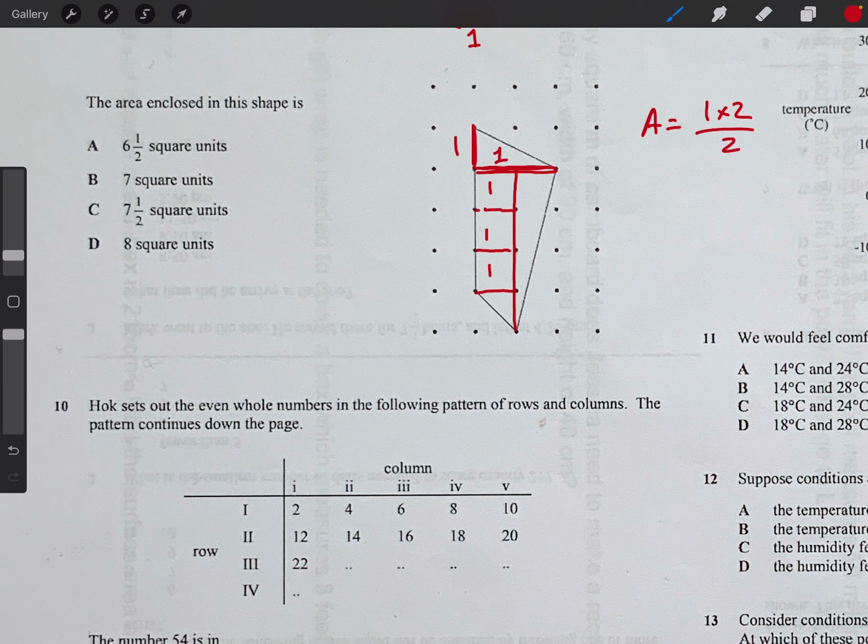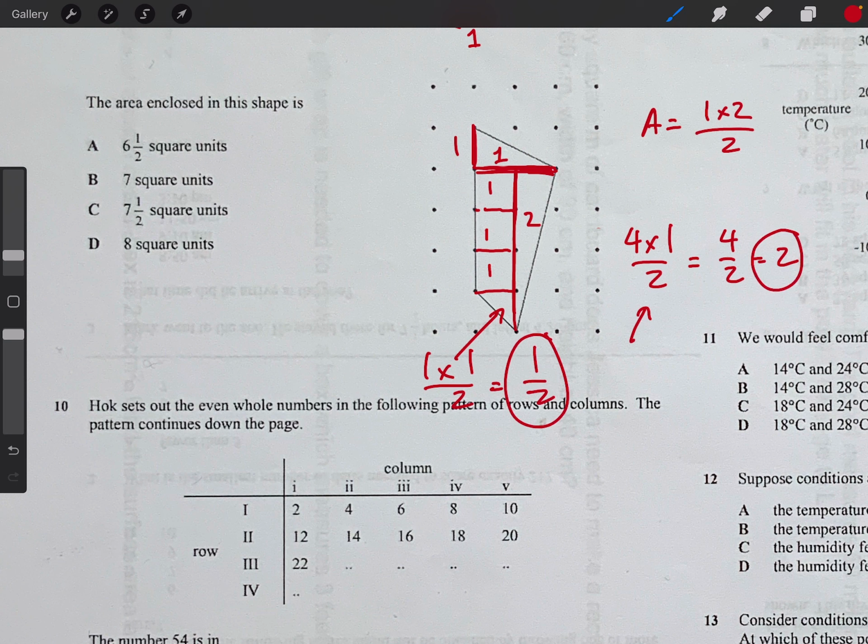Now the area of this triangle is going to be how many? 1, 2, 3, 4. 4 times 1 divided by 2. We're dividing by 2 because it's a triangle. So that's 4 over 2, which is just 2. Now the area of this triangle looks to me like 1 times 1 divided by 2, so you got a half.